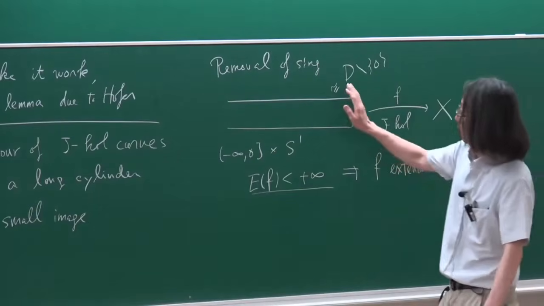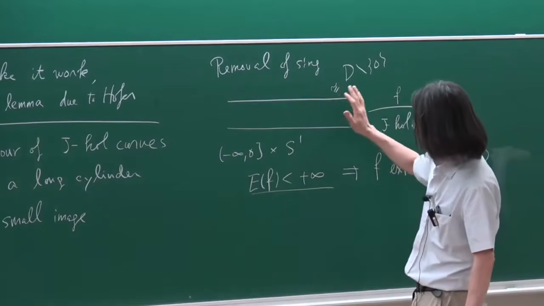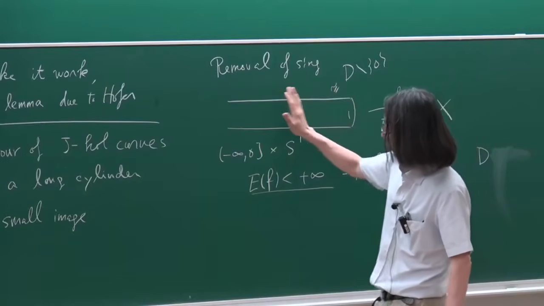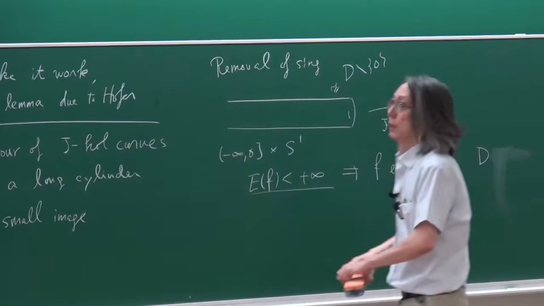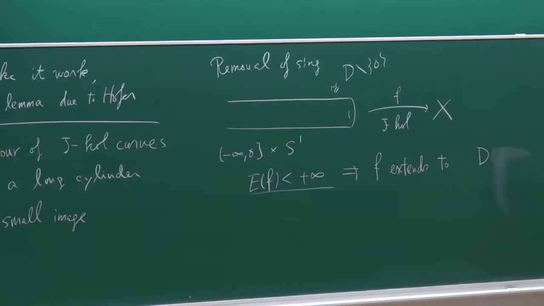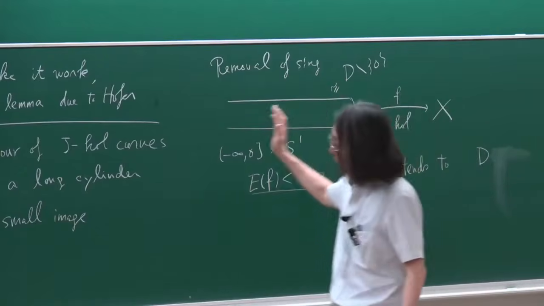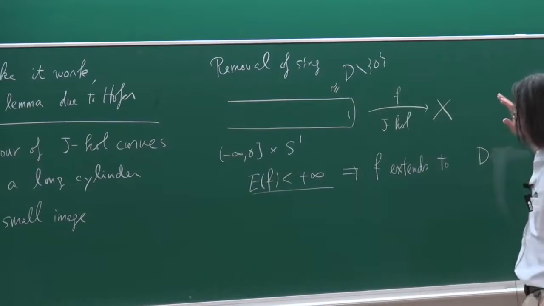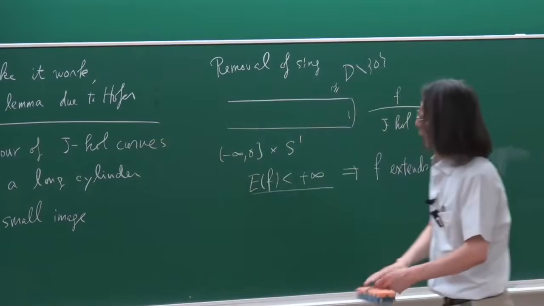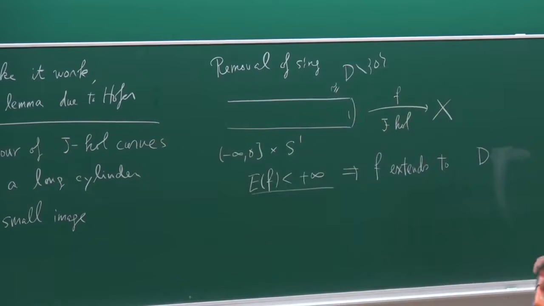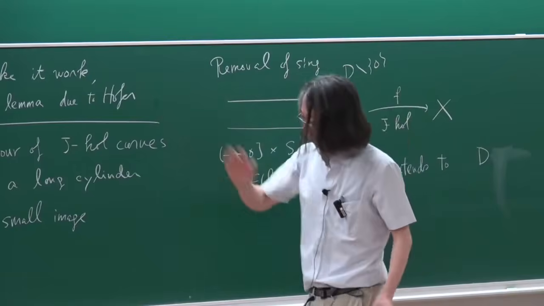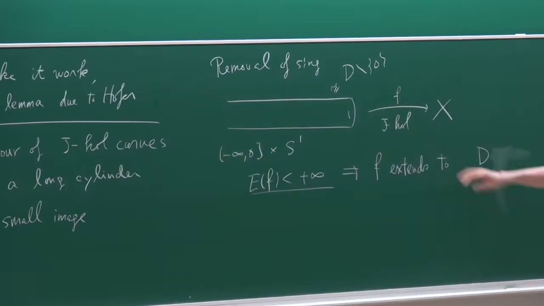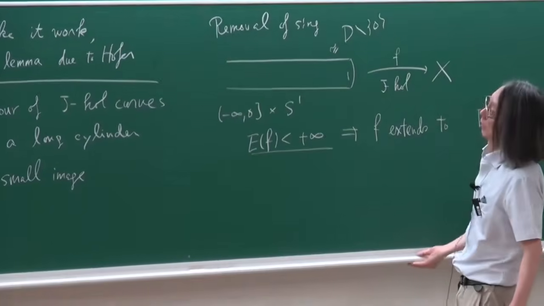So last time I said that if you consider the behavior of the energies, you have a certain differential inequality in the end. From this differential inequality, you can show that the energy density decays exponentially, and so in particular it extends continuously over the puncture, and also we have Hölder continuity.